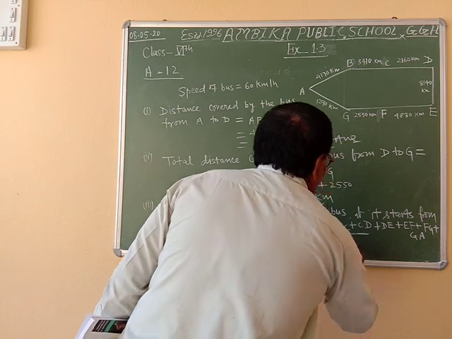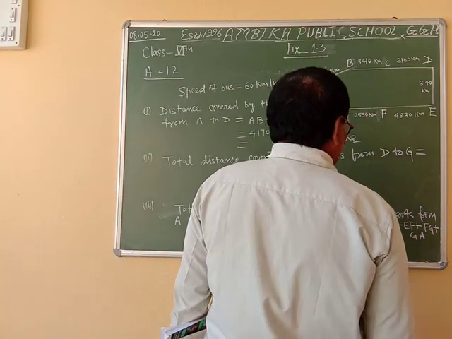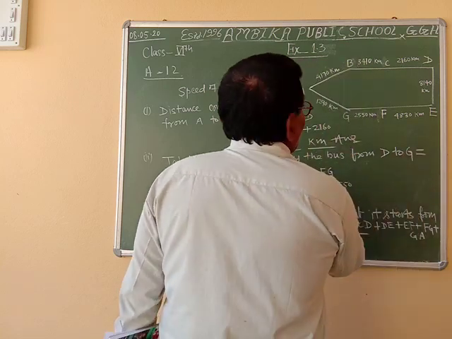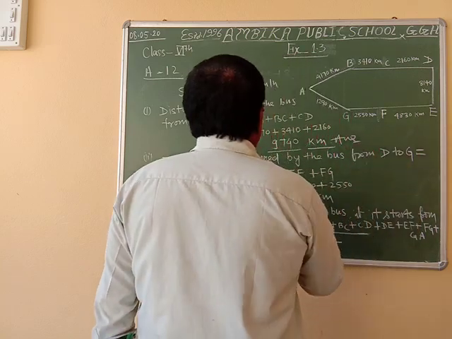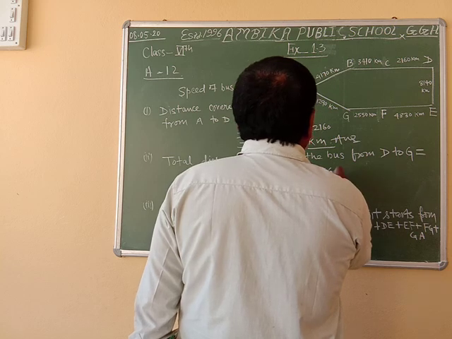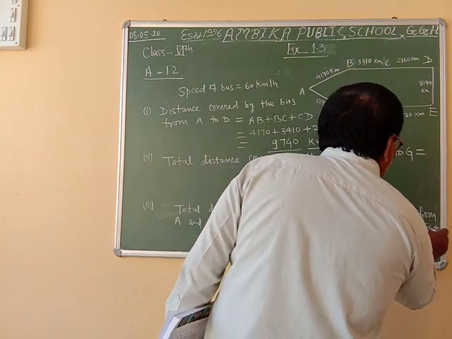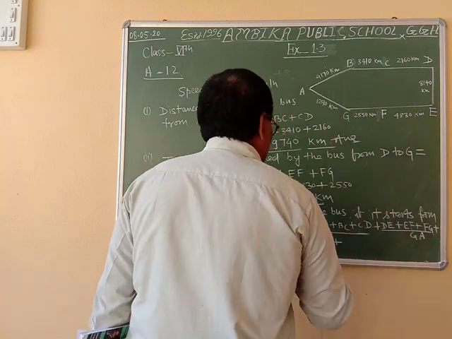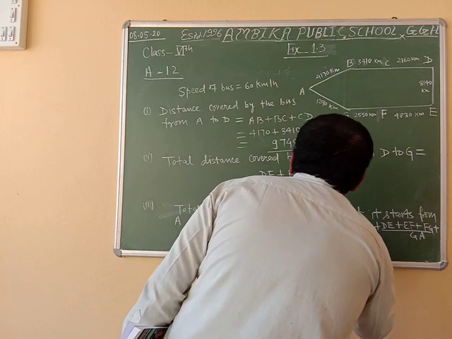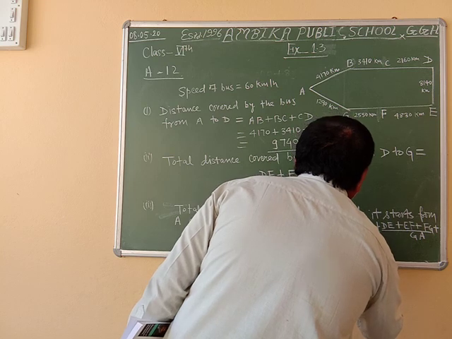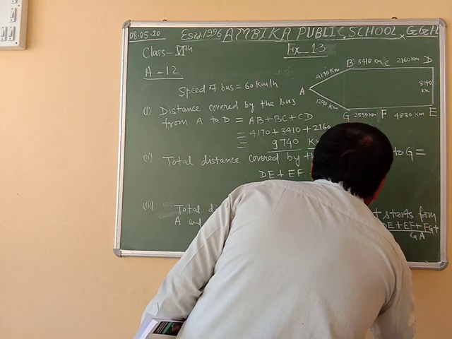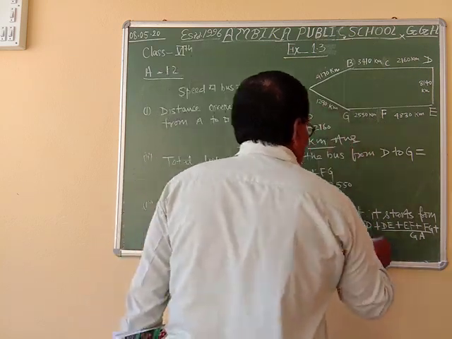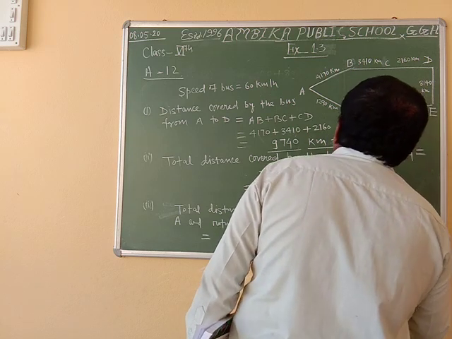9740, plus distance traveled DE plus EF plus FG, which is equal to 15,520, plus GA distance, which is given 1,290 kilometers.